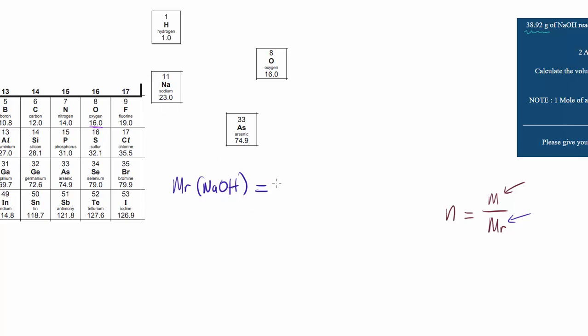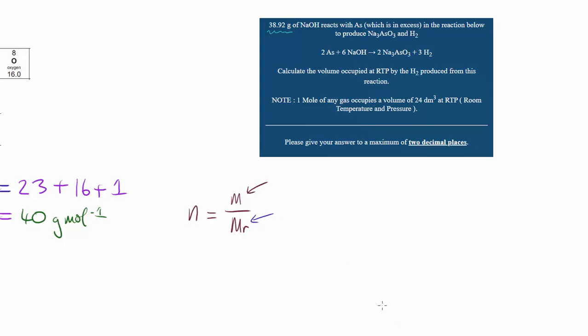So it's going to just be 23. I'm not going to write the times 1 because you multiply by 1, you just get the same thing. So I'm just going to put 23 plus, for the oxygen, it's going to be 16, right? Relative atomic mass, so that's 16 plus for hydrogen, which is just going to be 1, right? And so if you work that out, that's going to give you the molar mass of the NaOH, which is 40. And that's going to be in grams per mole, right? So we've worked out the molar mass for the NaOH.